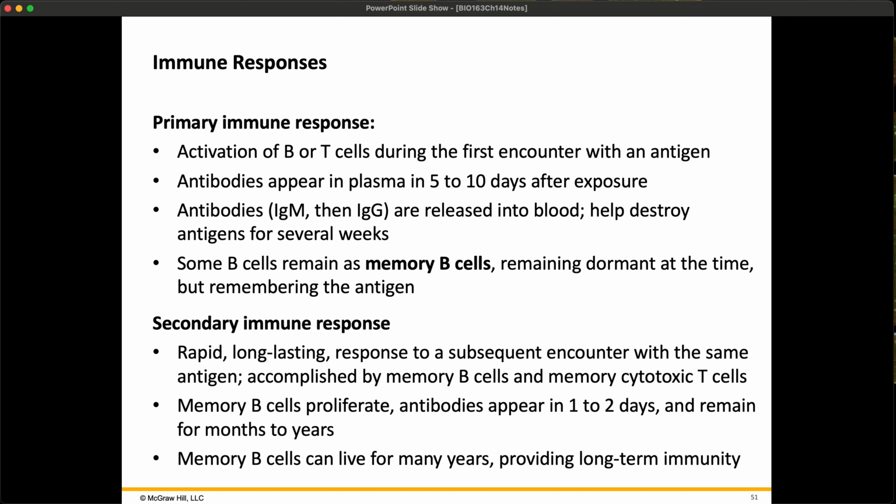It allows for continuous monitoring for a couple of weeks to make sure that nothing comes back up. And then, of course, some B cells stay as memory B cells. Same thing with T cells. They stay as memory T cells, remaining dormant, but then remembering the antigen in case they need to reactivate. This is why you sometimes get boosters for certain vaccines.